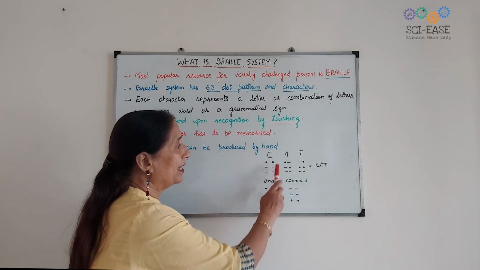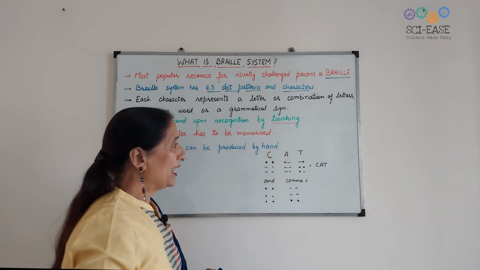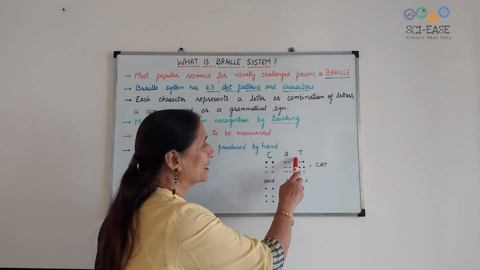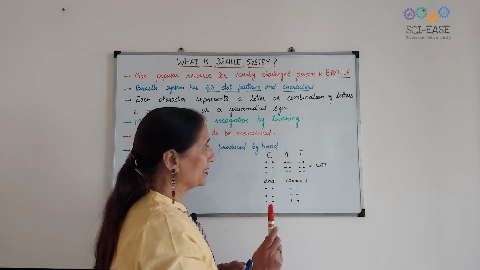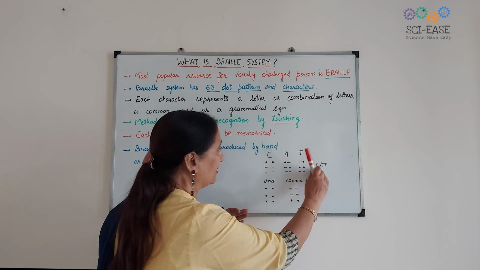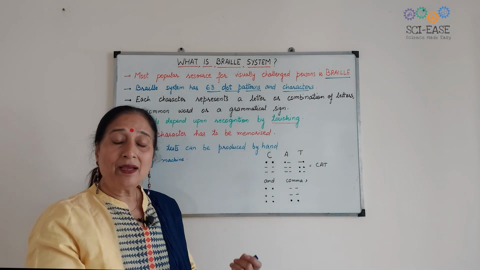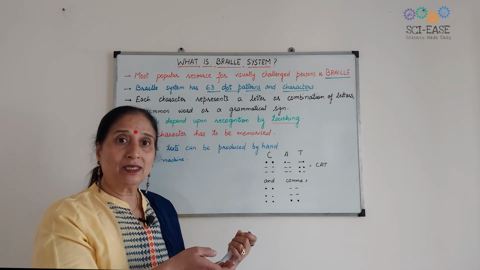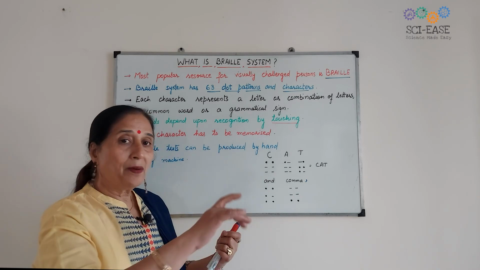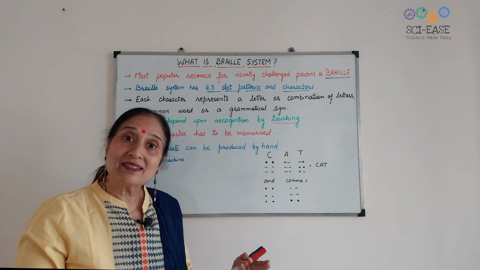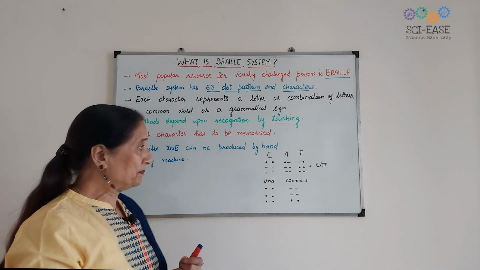The letter A can be depicted by these dots and lines. The letter T can be depicted by these dots and lines. So the word cat can be written or read by visually challenged persons by touching these dots and lines. They will read that this is the word cat.